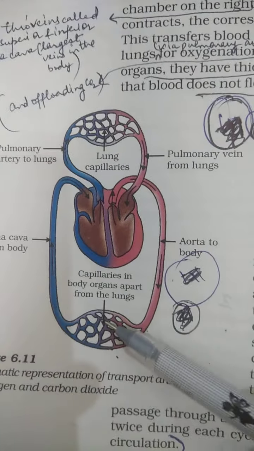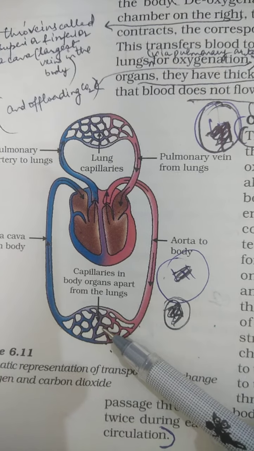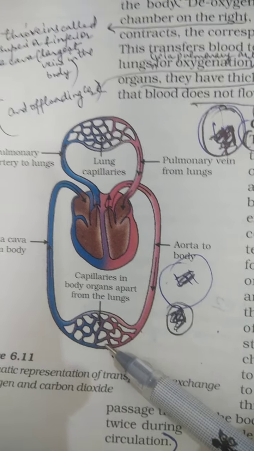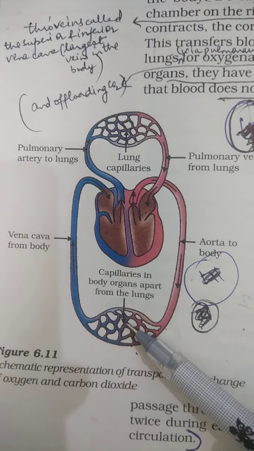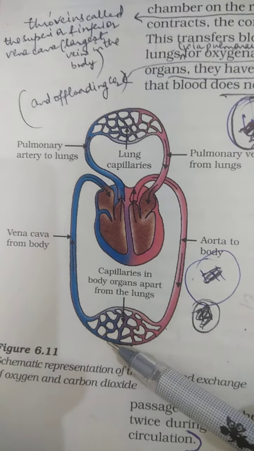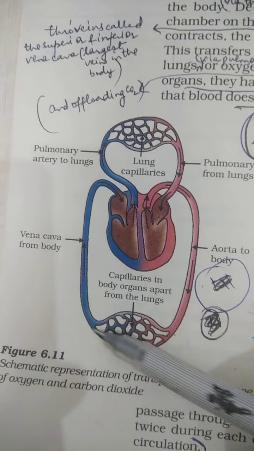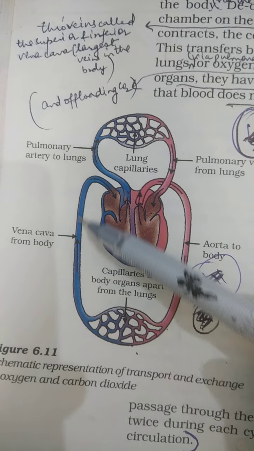So from here, capillaries in the body organs apart from the lungs. Now exchange of material between the blood and the surrounding cells takes place across this thin wall. The capillaries then join together to form the veins that convey the blood away from the organ. Here the veins are the vena cava from the body.